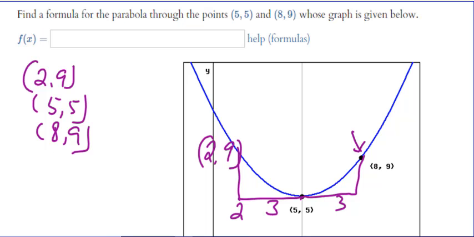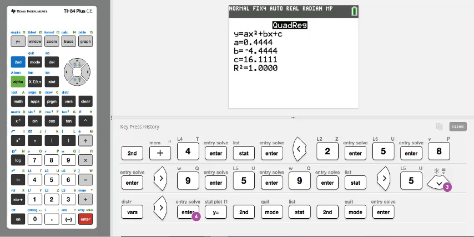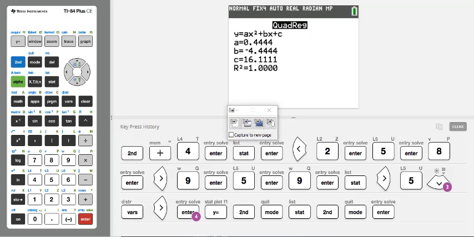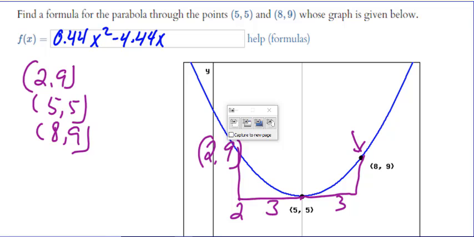So I got 0.44x squared minus 4.44x plus 16.11.